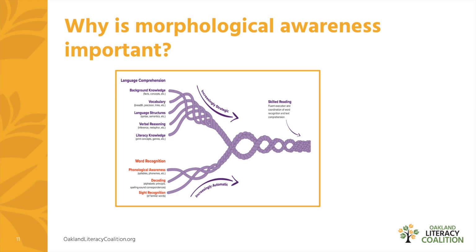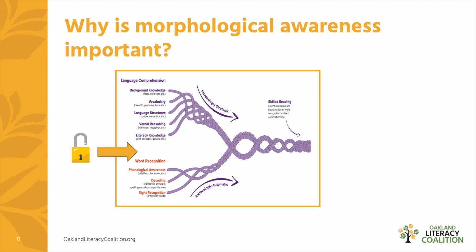Morphological knowledge is a very powerful tool because it supports both sides of Scarborough's reading rope, unlocking a world of words for readers. A strong understanding of morphemes supports word recognition because I have additional tools to help me decode a word. For example, I know I can try or the morpheme re. I'll also gain some automaticity of word chunks through knowledge of prefixes and suffixes.